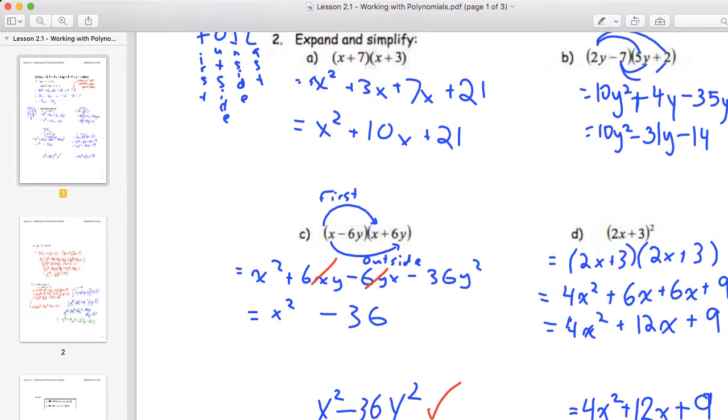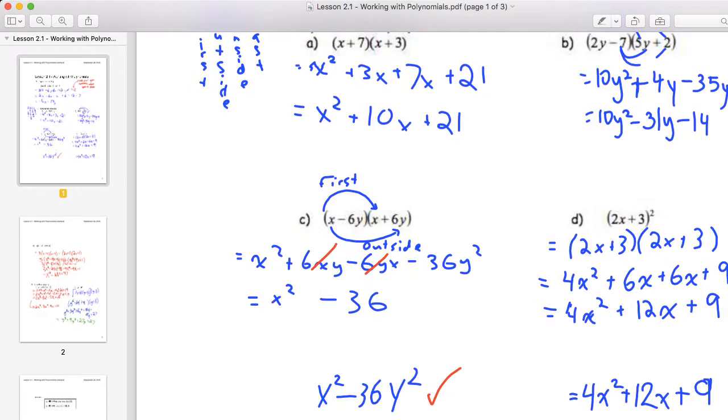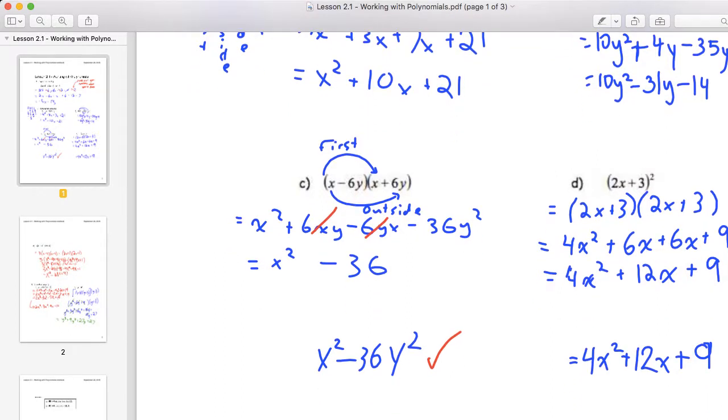So our final answer in this case was actually x squared minus 36 y squared, not x squared minus 36, right? Sometimes it's easy to forget that last term because we're so used to working with the x's. So there's actually a little mistake over here, but this is the correct answer, x squared minus 36 y squared.